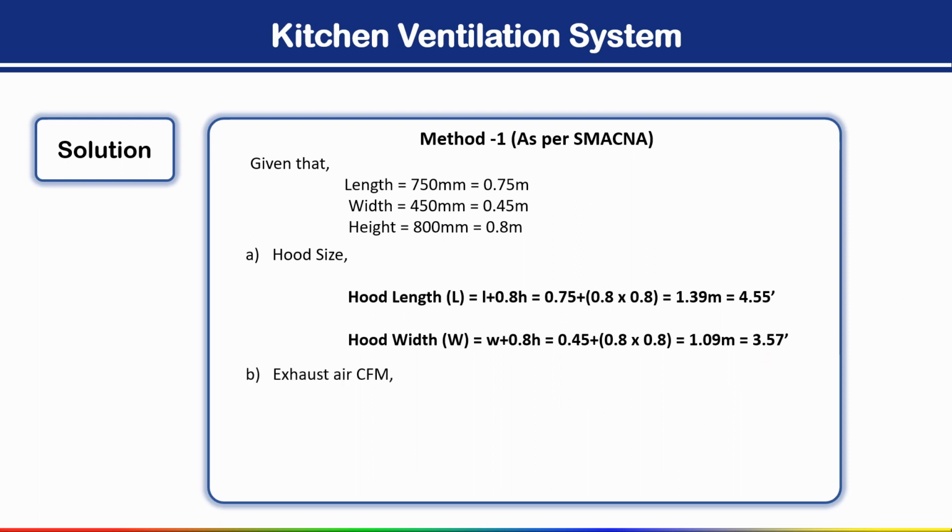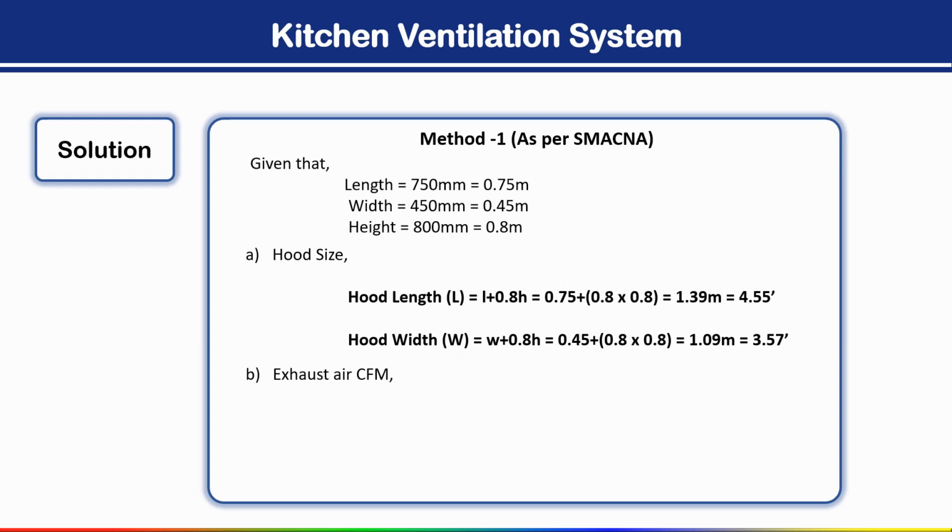Now the second thing: we have to find the exhaust air CFM, that is, how much air we have to exhaust from the kitchen space. I have already discussed that based on the cooking type, you will get the exhaust air CFM. So we have a formula for light cooking.